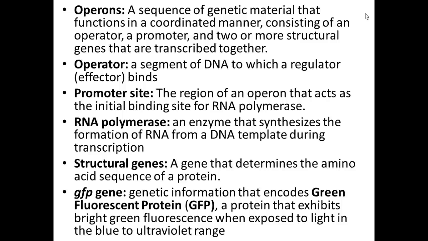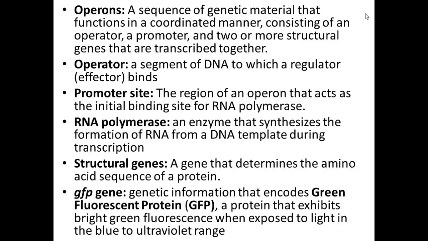So what's the operator? The operator is the segment of DNA to which the regulator or effector is going to bind. So things actually literally bind to the DNA in a specific location. In this case, it's called the operator. The promoter is where RNA polymerase is going to bind, if it can, right? A lot of times the promoter is blocked in this instance so that the RNA polymerase cannot bind.